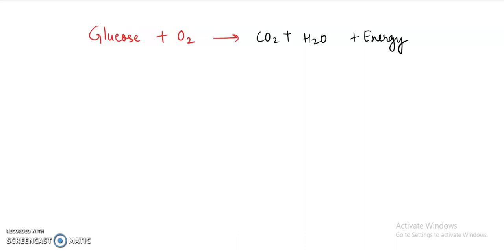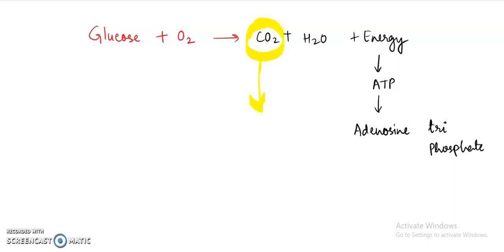Remember, the energy is always in the form of ATP, which stands for adenosine triphosphate. Our body understands energy only in this form because this is the energy currency of our body. The CO2 which is produced by respiration goes out by the process of exhalation.